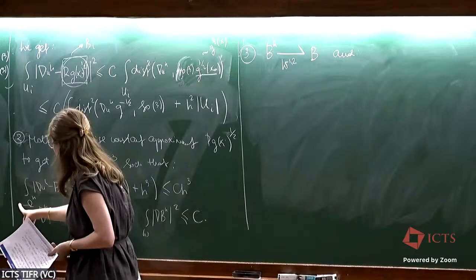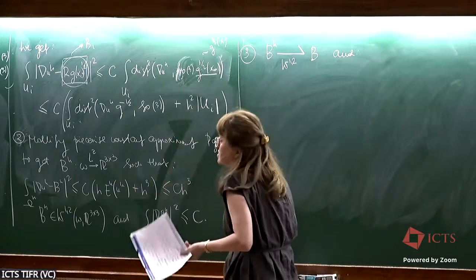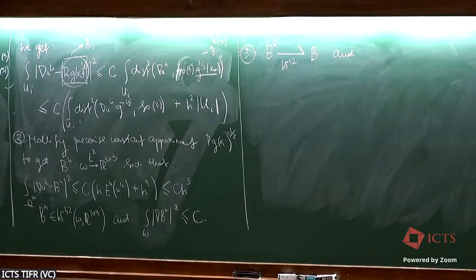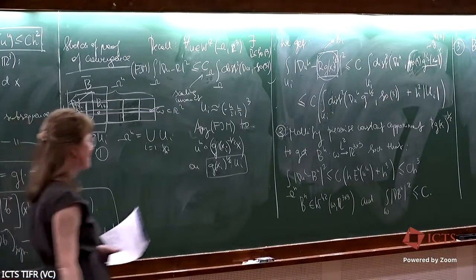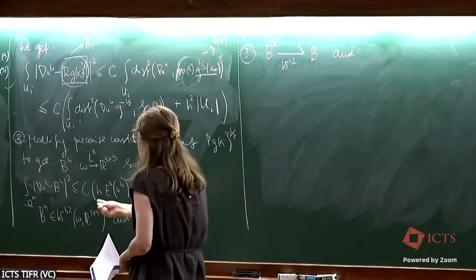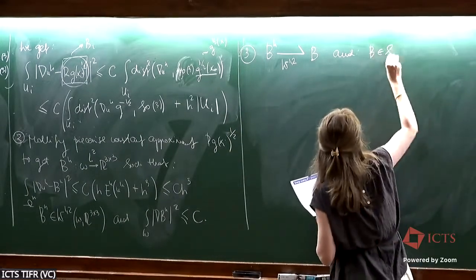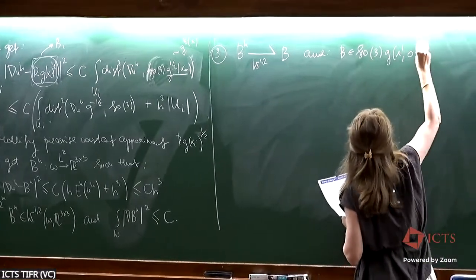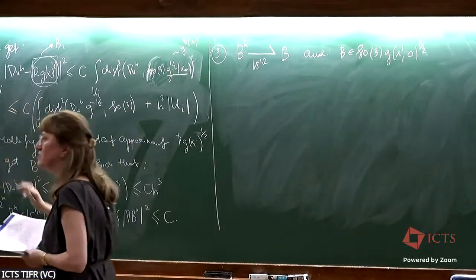Okay, 1 over h of this is like h squared, so it converges to 0, but gradients of UH get closer and closer to the square root of G, because that's the energy. So the same is true for the approximating sequence BH. So in the limit, this B is in SO(3) G(x') ^{1/2}, right? Because that's the limiting property of the gradient of UH that I read from the energy.